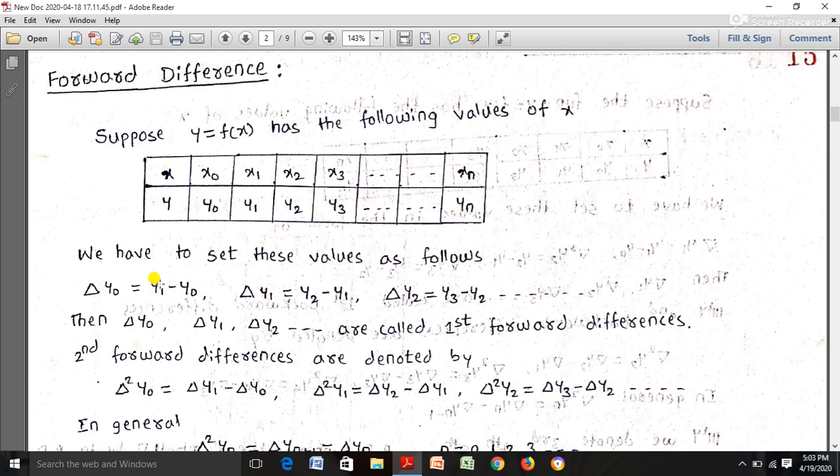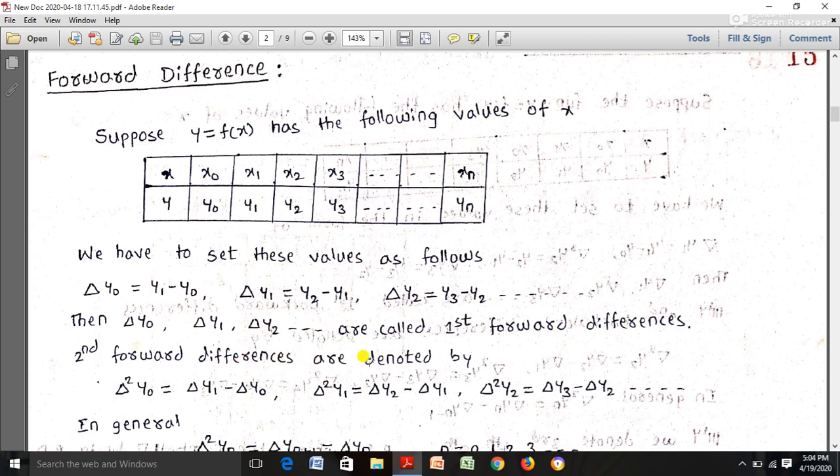This is delta y naught. Then delta y1 is y2 minus y1, delta y2 is y3 minus y2, and delta y3 is y4 minus y3, and so on. Then delta y0, delta y1, delta y2 are called first forward differences.